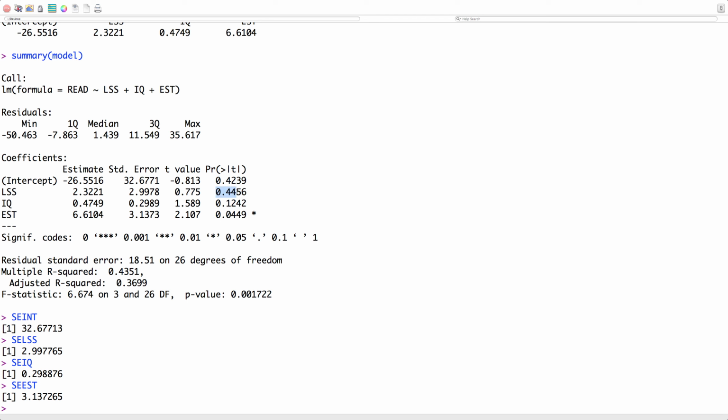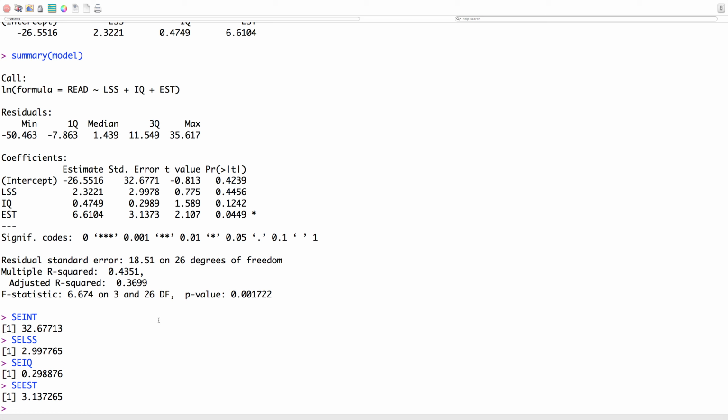Statistically speaking, we cannot determine that LSS is different from 0. Statistically speaking, we cannot determine that IQ is different from 0. But we have reason to believe that the beta estimate for EST is statistically significant and different than 0. We're going to demonstrate that in a second.